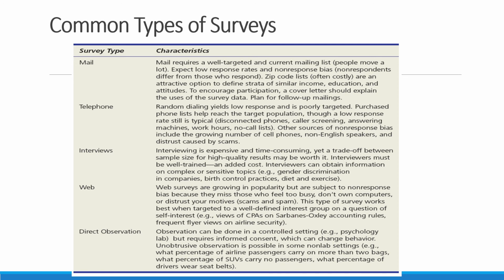Or the data can be collected by telephone. A customer service agent can call the interviewee by telephone and try to collect the data, but this type is also considered very poor because it has low responses and it targets specific people, maybe the residents of some geographical region.